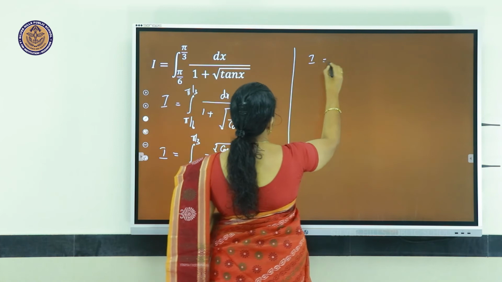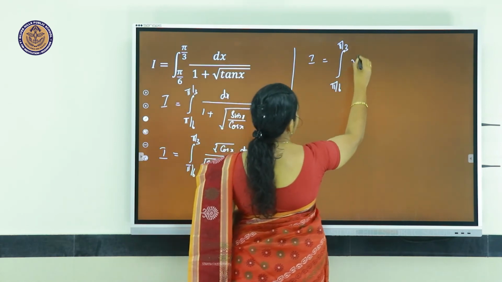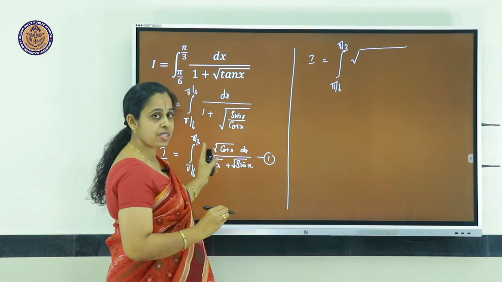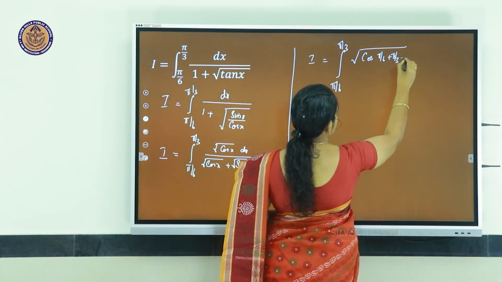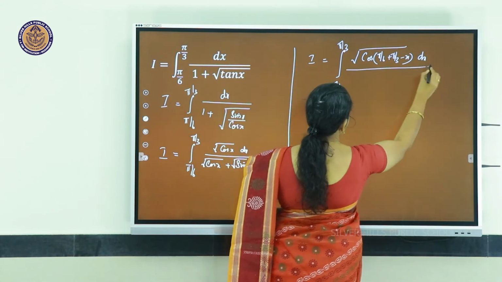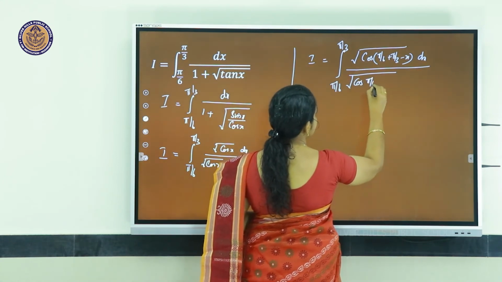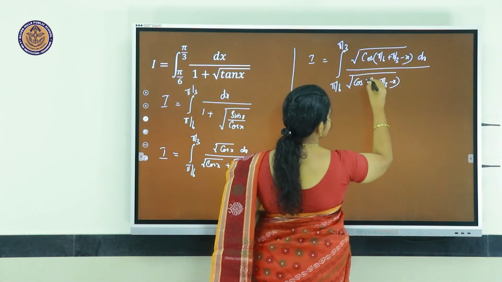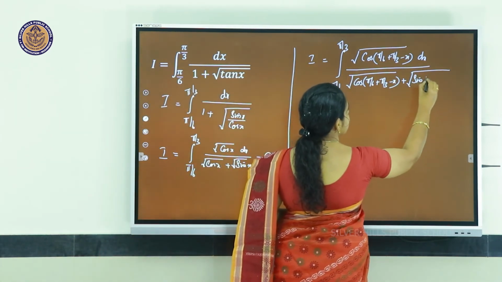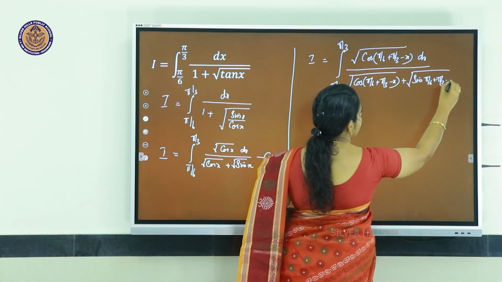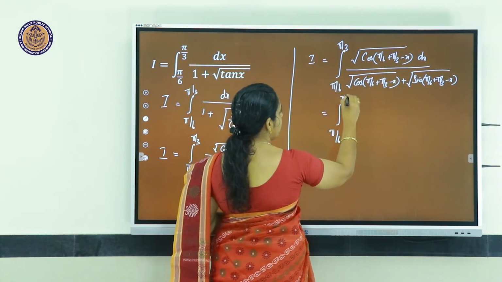I equal to integral a to b root of cos of (pi by 6 plus pi by 3 minus x) dx divided by, in the same way, root of cos of (pi by 6 plus pi by 3 minus x) plus root of sin of (pi by 6 plus pi by 3 minus x), equal to integral pi by 6 to pi by 3.